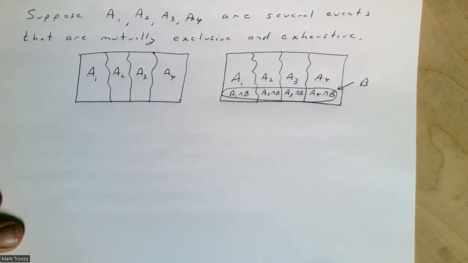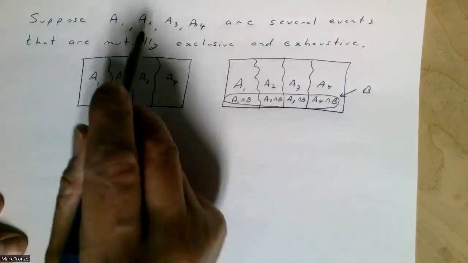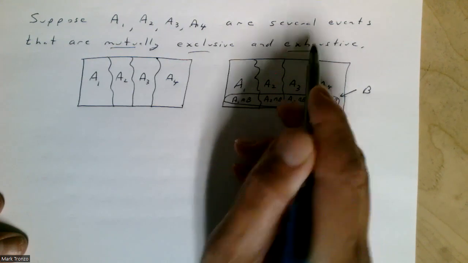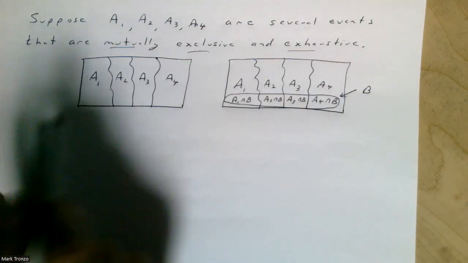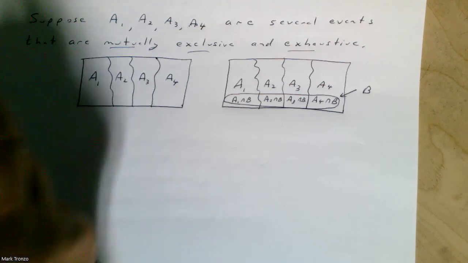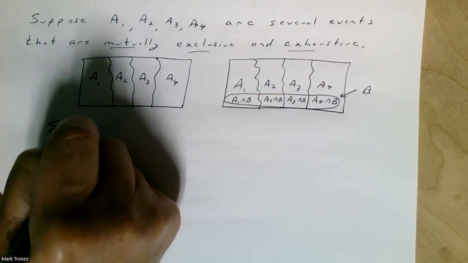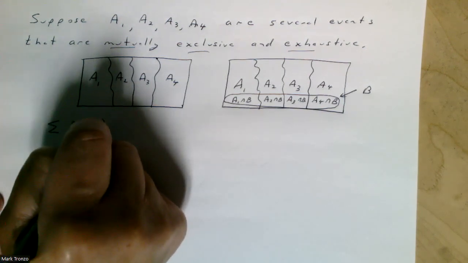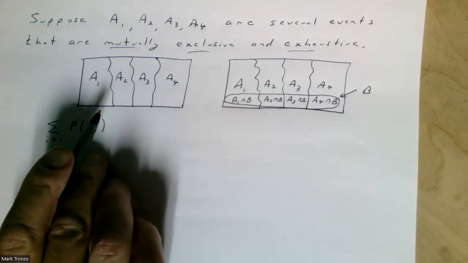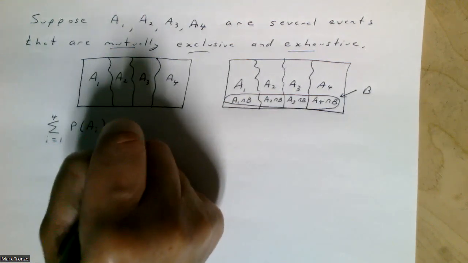Keep these things in mind: these have to be mutually exclusive and exhaustive. In that case, the sum of the probabilities of the Ai from i equals 1 to, in this case 4, but it could be up to however many you had, is going to be 1.